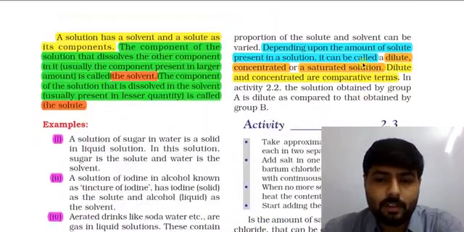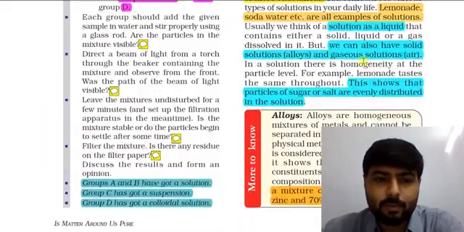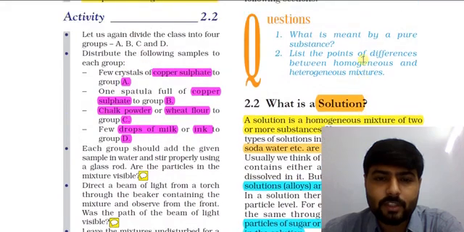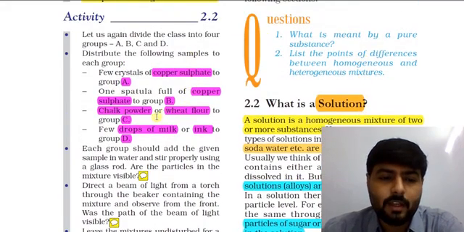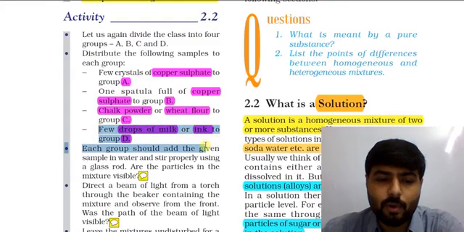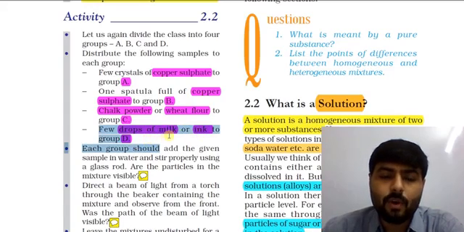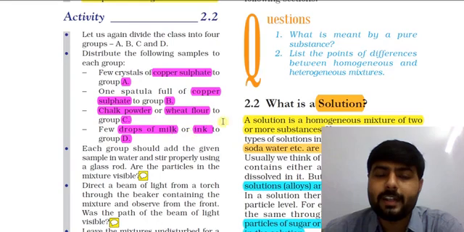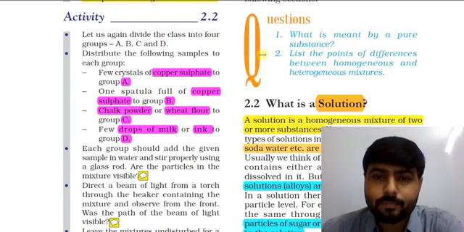Let's recall in activity number 2.2 what is the mixture with group D. Here you can see a few drops of milk or ink to group D, which means group D has a few drops of milk or ink with them.